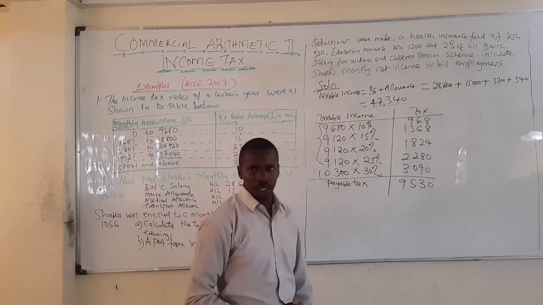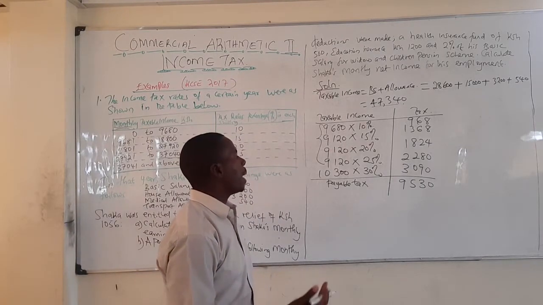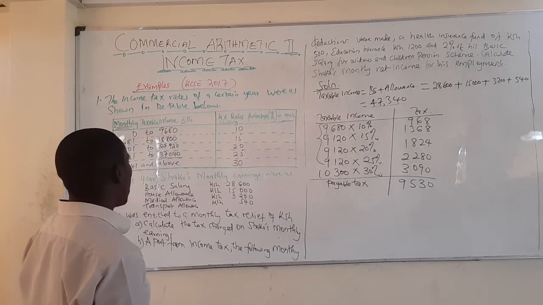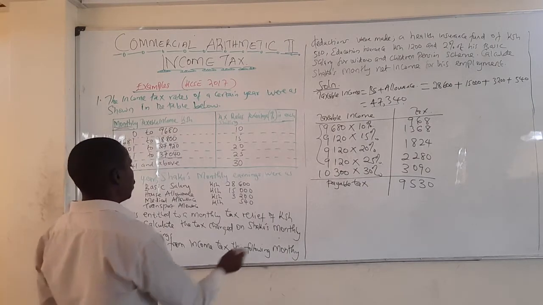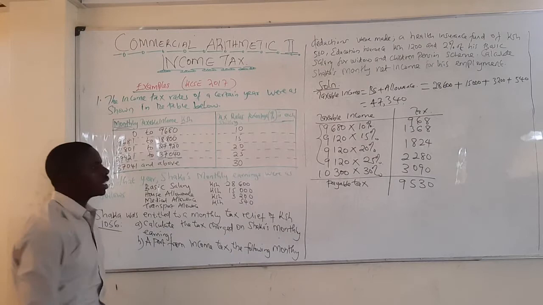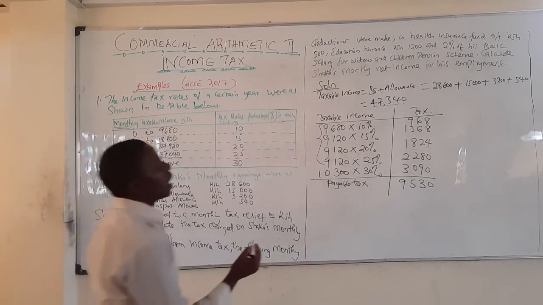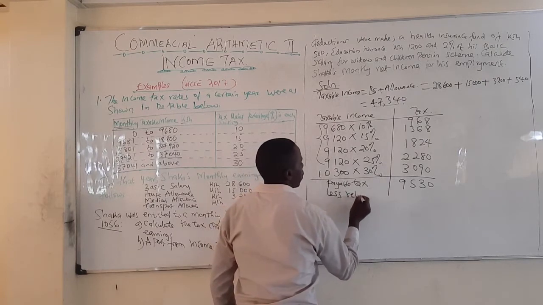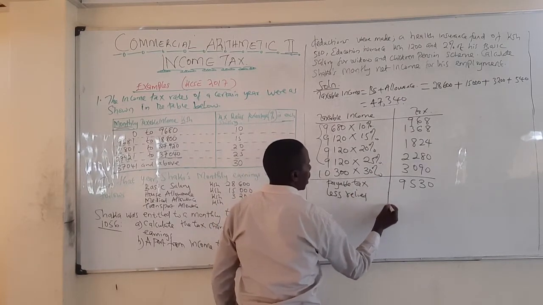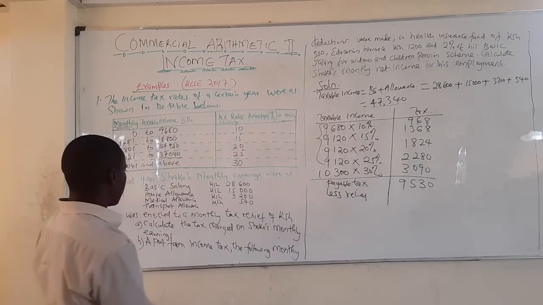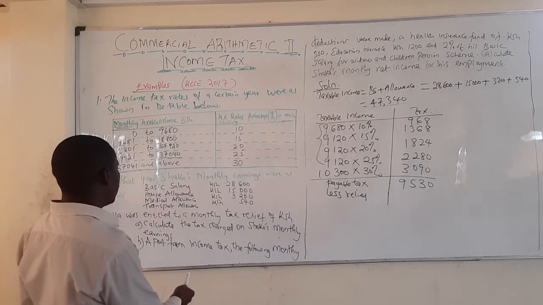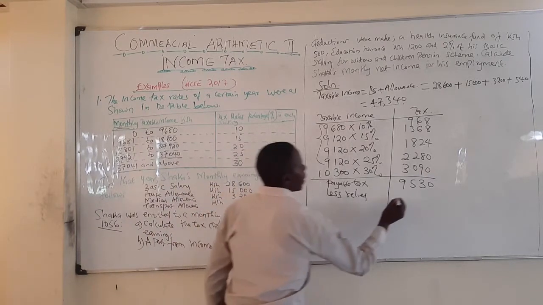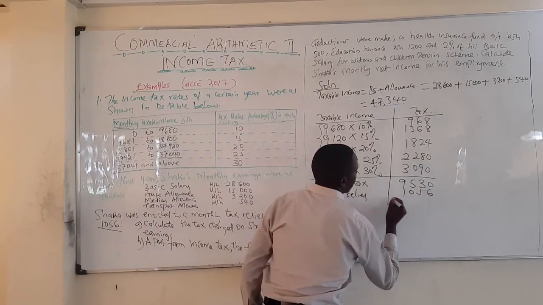This is the amount of tax that you are supposed to pay. But for our case here, we have the tax relief of 1,056. So from there, we less relief. If we have more relief, apart from the personal relief, we less those relief here, the 1,056.